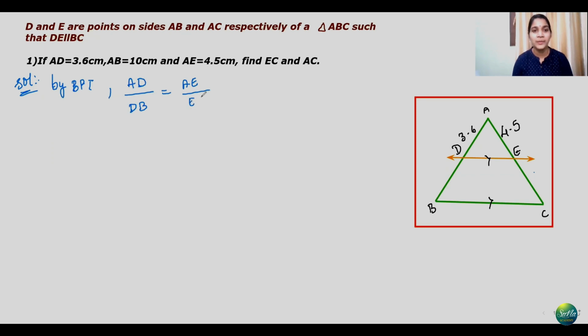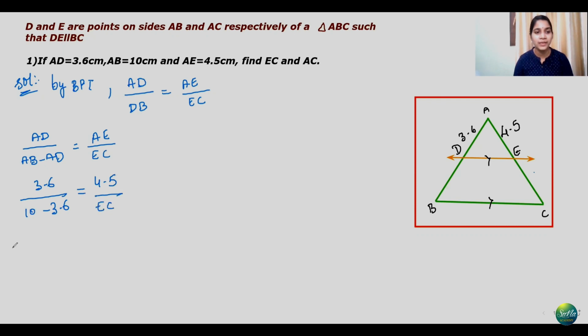We don't have the DB measurement here. So we can get the DB measurement by subtracting the AD measurement from the total AB measurement. Then we have the DB measurement, which is equal to AE by EC. So the AD value is 3.6, and DB is AB value 10 minus 3.6, the AD value, which is equal to 4.5 by EC.